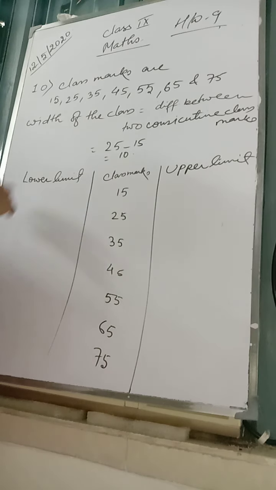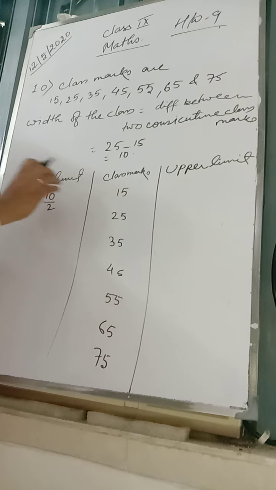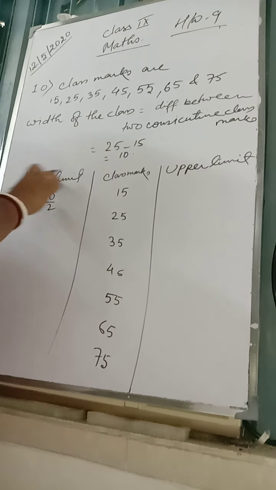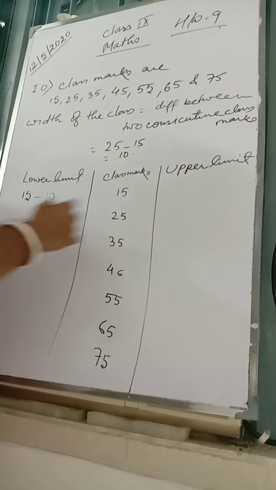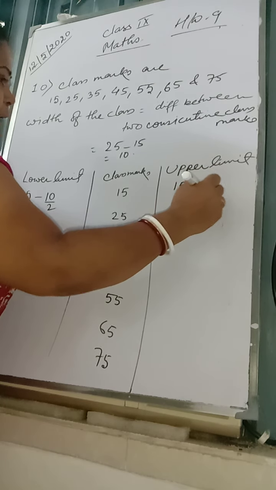How to get the lower limit? Lower limit is class mark minus width by 2, and upper limit is class mark plus width by 2, because 15 lies between the lower limit and upper limit.